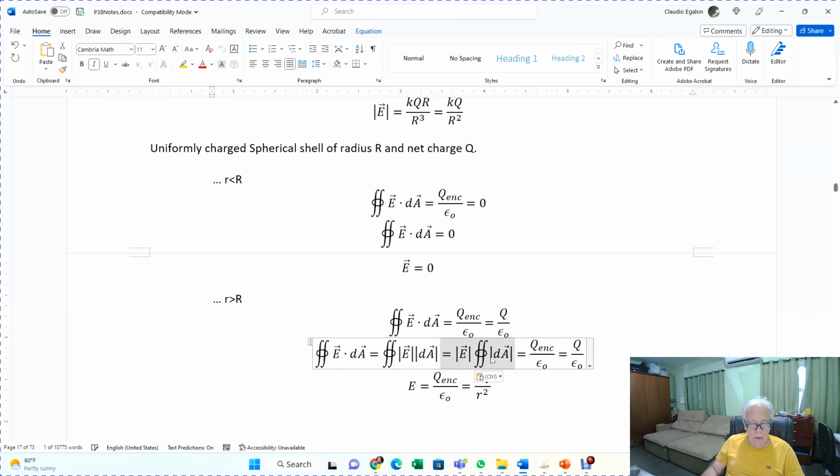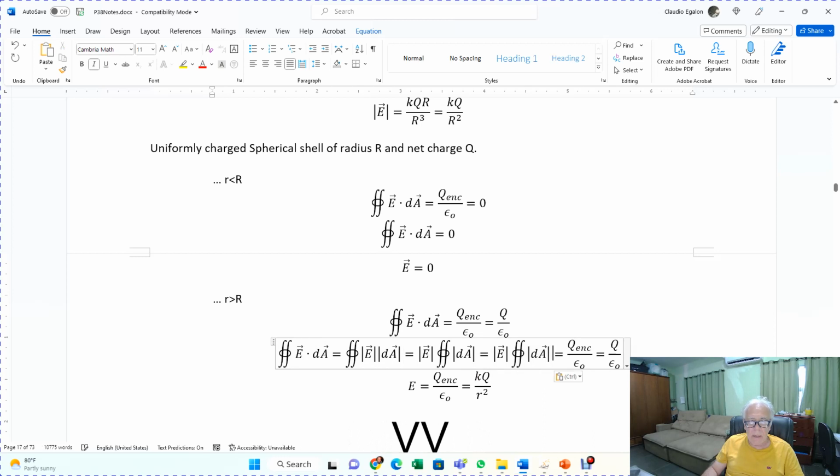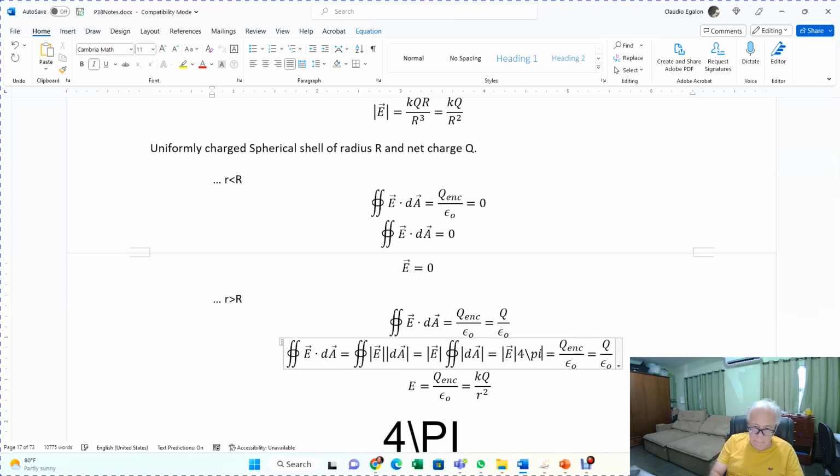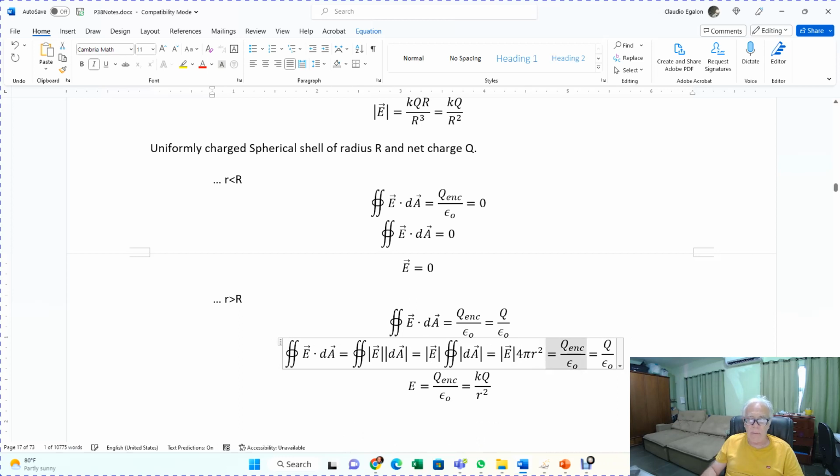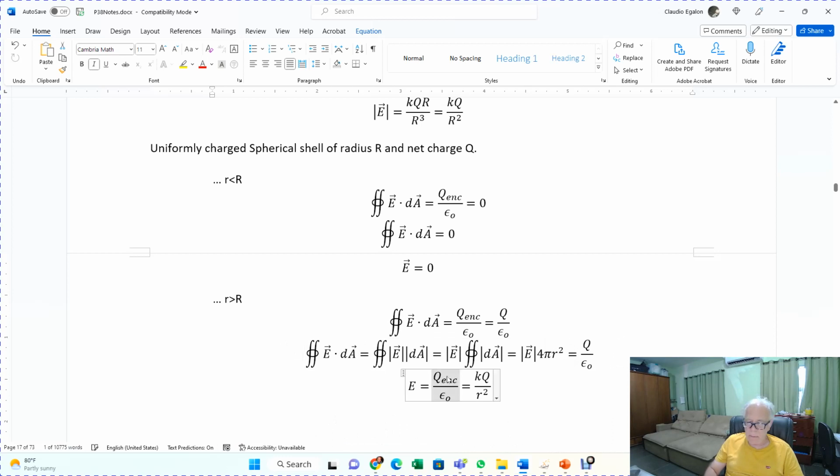The integral of the area is 4 pi r squared, where this lowercase r is greater than big R. And we do not need this term anymore. Right?